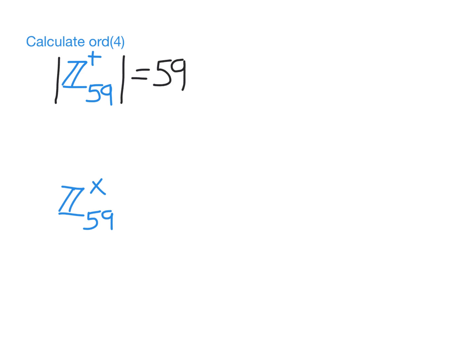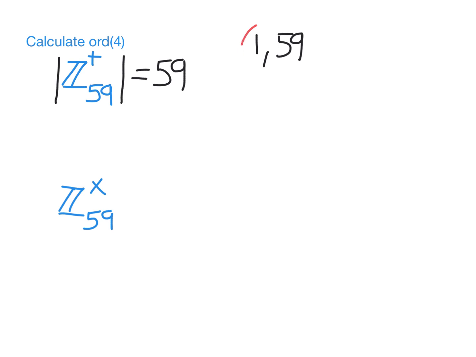Lagrange's theorem tells us that the order of 4 has to divide this. But 59's prime. The only two numbers that divide 59 are 1 and 59. So rather than continually adding 4 until we get 0 in this group, we've narrowed our choices considerably.